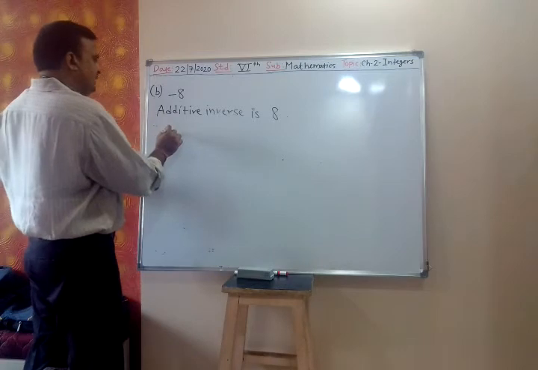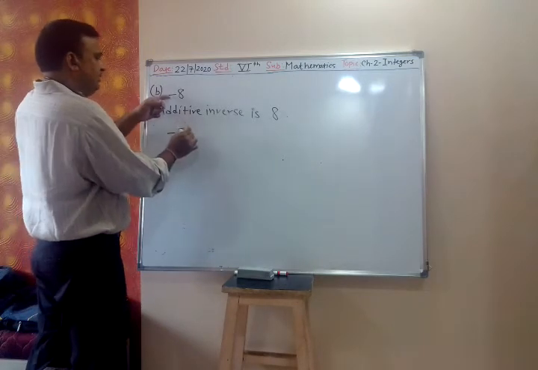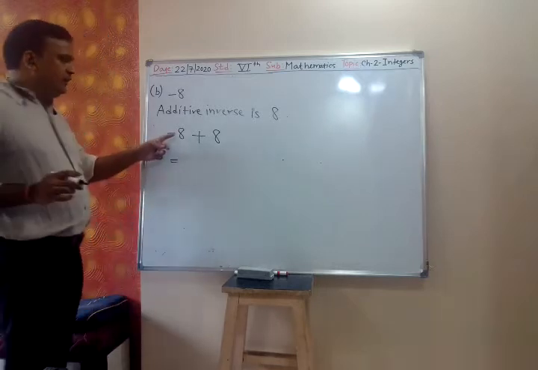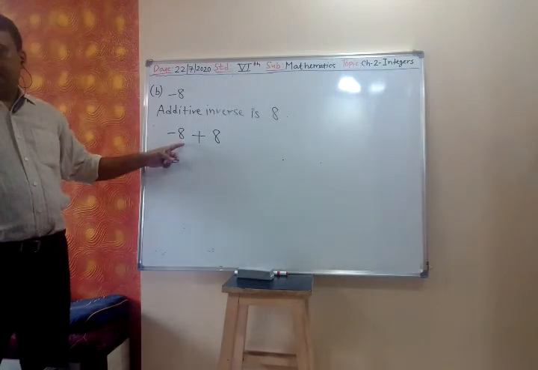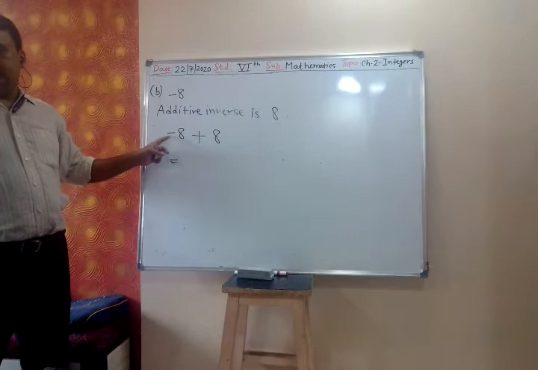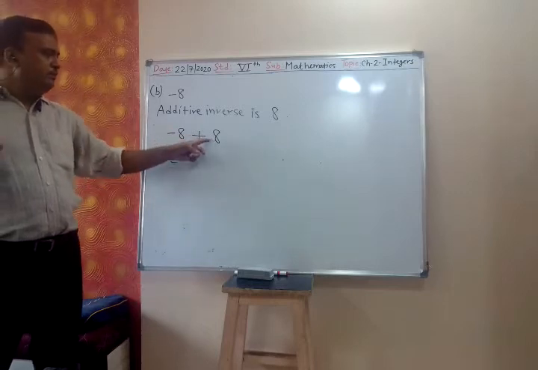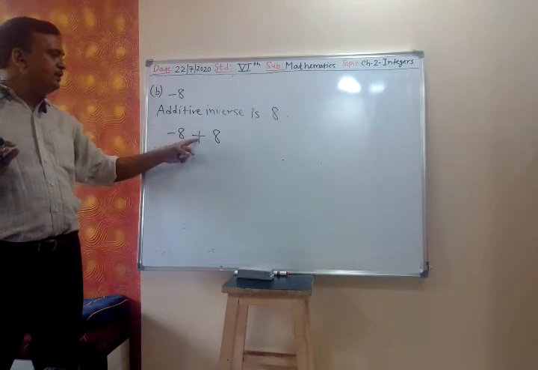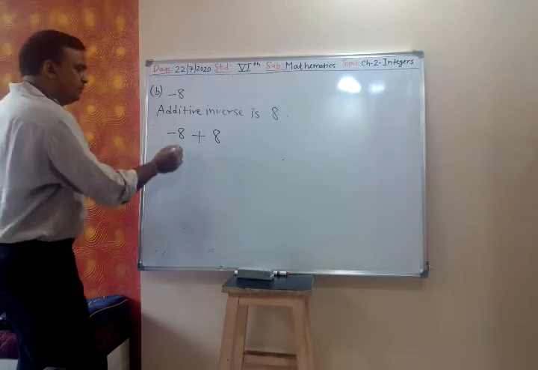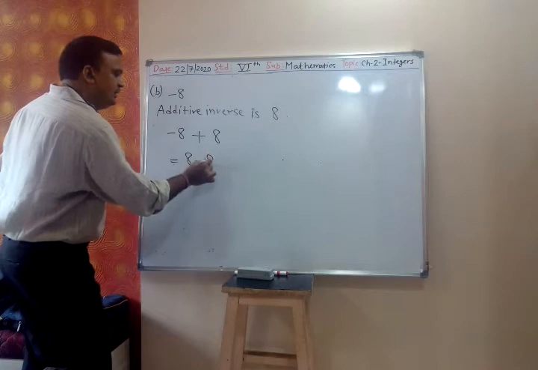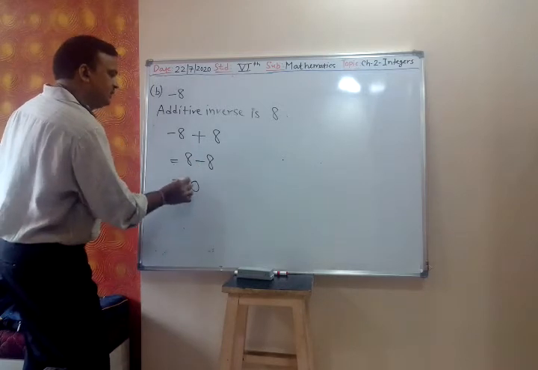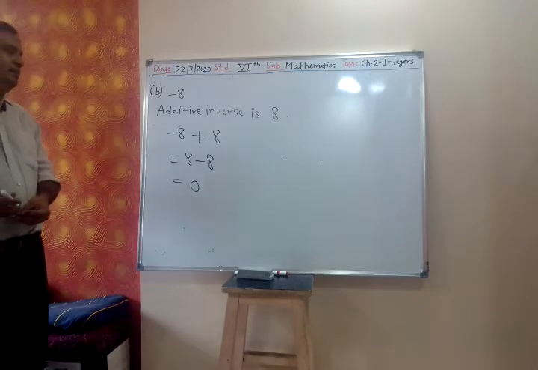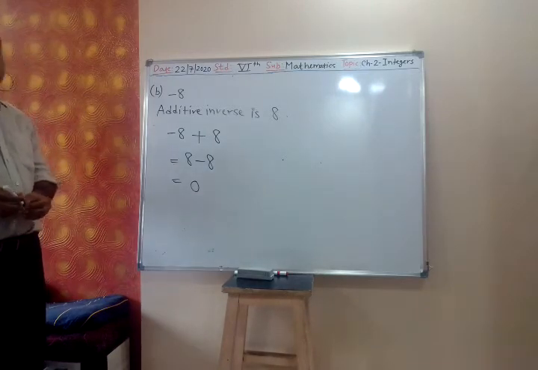So minus 8 plus 8. Now see here, what is sign of 8? Minus. What is sign of 8? Plus. Whenever they have opposite sign, minus and plus, you have to subtract. So it is 8 minus 8. 8 minus 8 is 0. Minus 8 plus 8 will be 8 minus 8, that is 0.